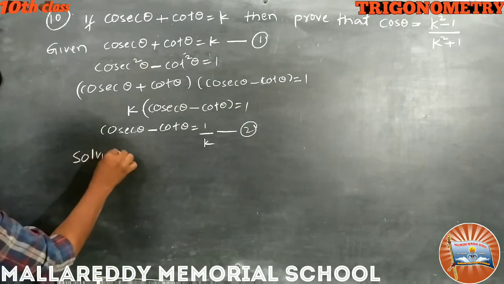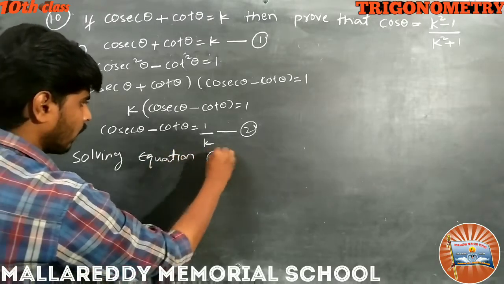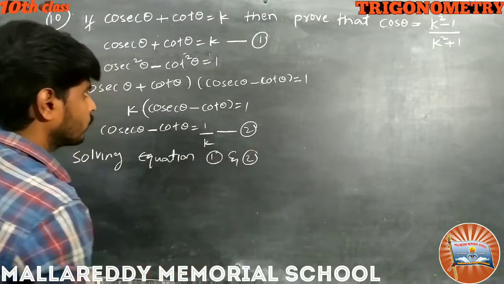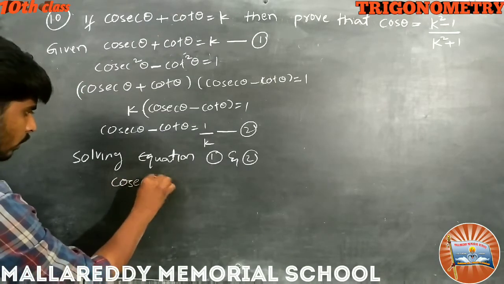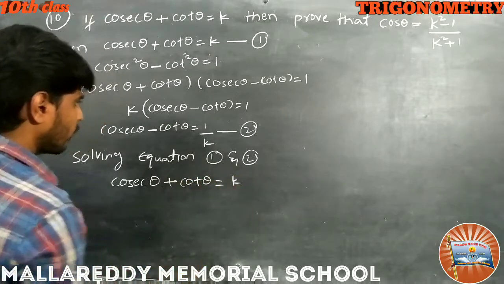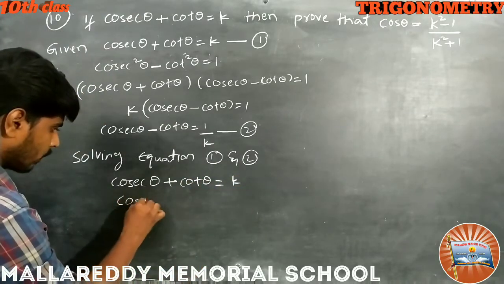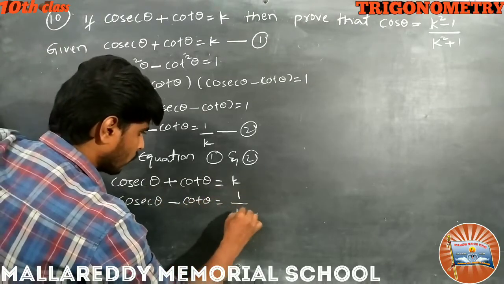Solving equation 1 and 2. How can we solve this? Write down cosec theta plus cot theta equals k, and equation 2, cosec theta minus cot theta equals 1 by k.